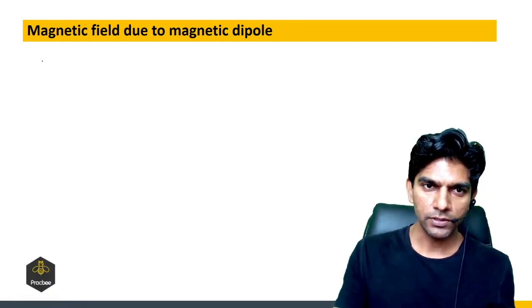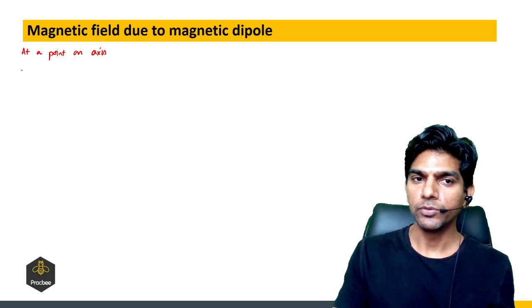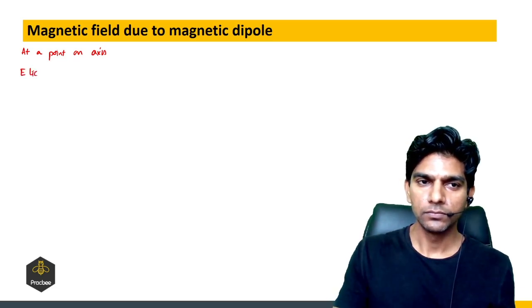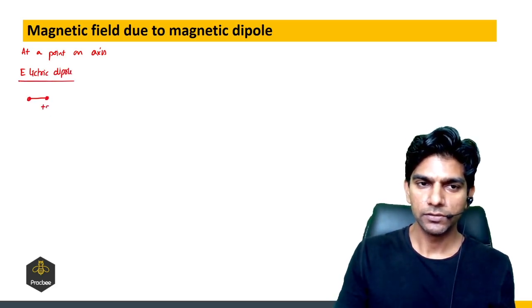So at a point on axis, in case of an electric dipole, this is positive and this is negative charge.